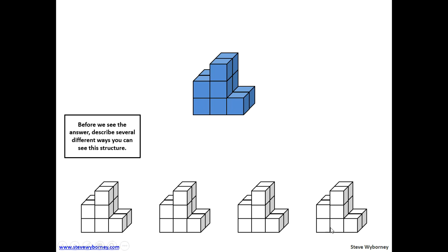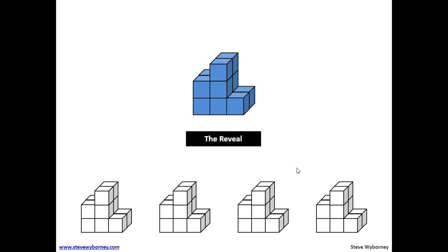So maybe you knew that down here there were 6 at the base, there were 4 in the middle level, and 2 on top. 6 plus 4 plus 2 should also give you 12. If you thought of it a different way or saw it a different way, please share with someone around you. Then we'll go ahead and reveal. The answer is in fact 12 unit cubes.